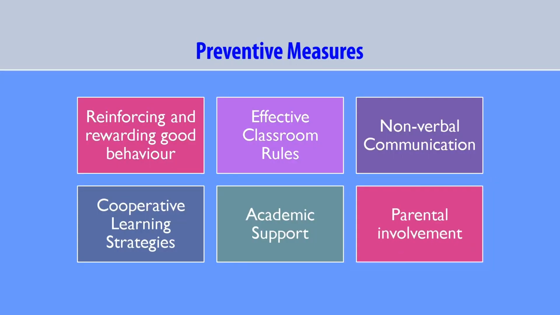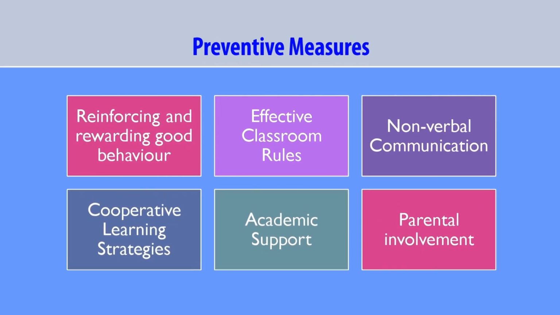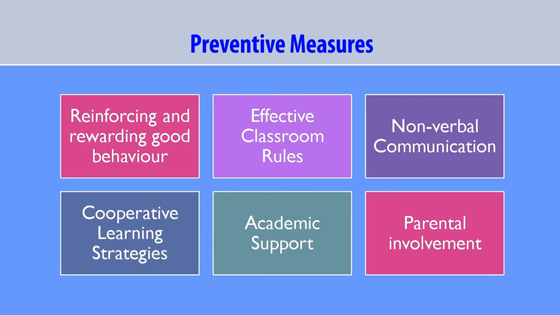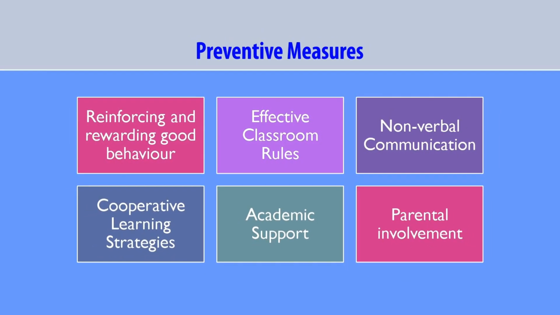And periodical parental involvement is also a preventive measure. So from time to time, you discuss issues with the parents, you involve them in the behavior modification of the learners. If you do it, you will be able to prevent a lot of behavioral issues in the classroom.